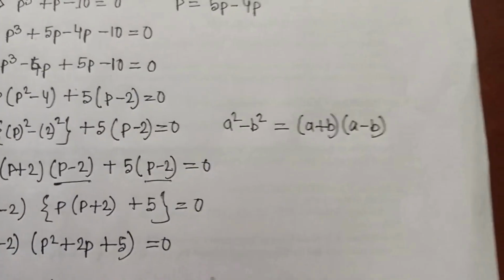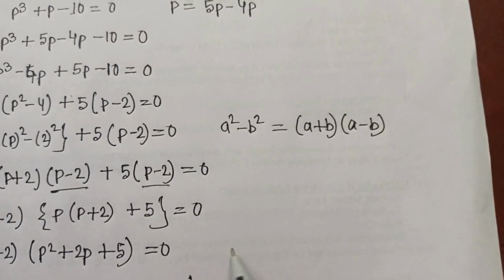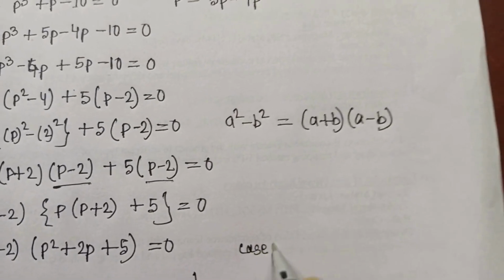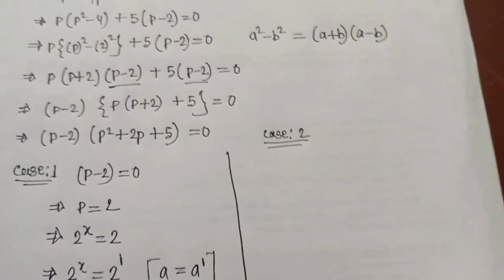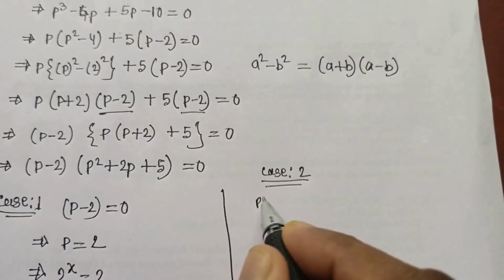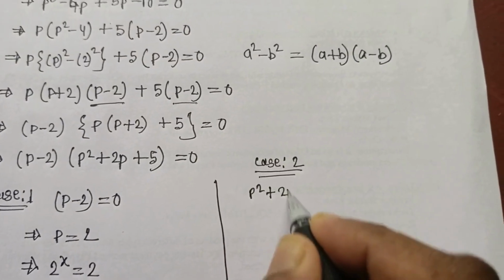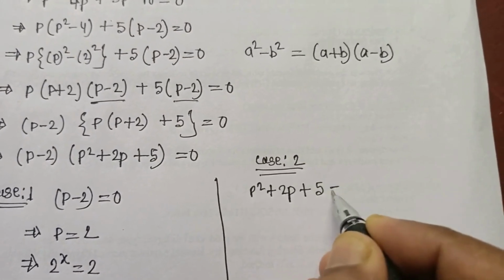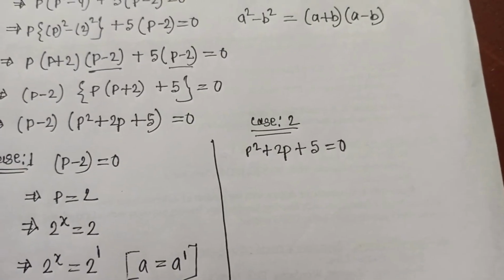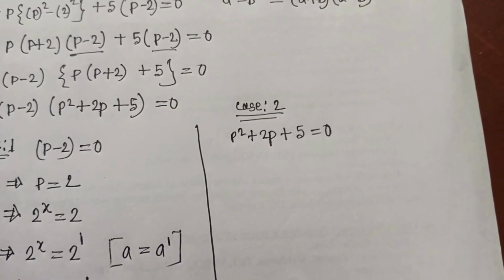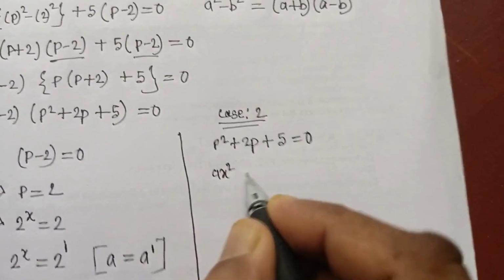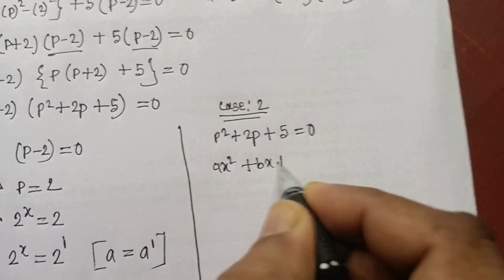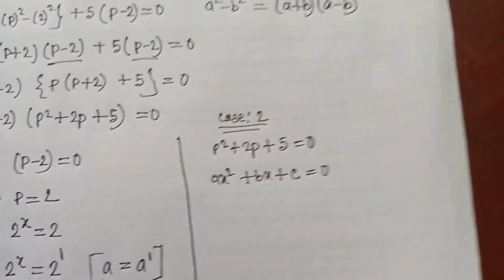Now we are going to find another solution for case 2, that is p square plus 2p plus 5 equals 0. Now the above equation is like a quadratic equation, ax square plus bx plus c equals 0.